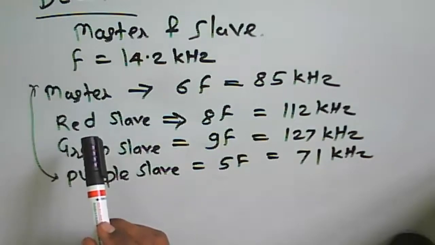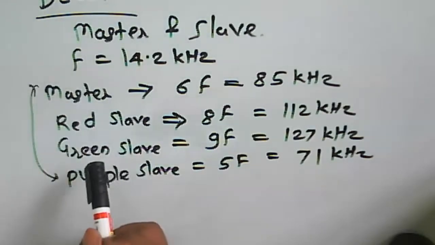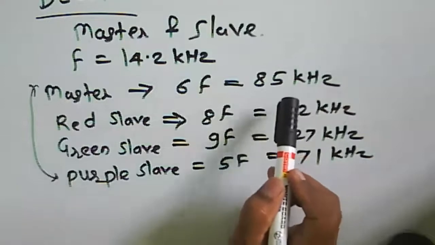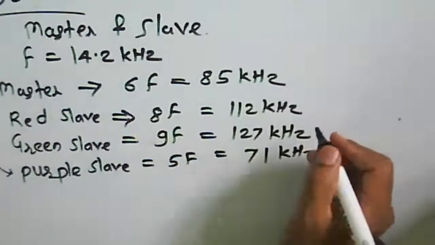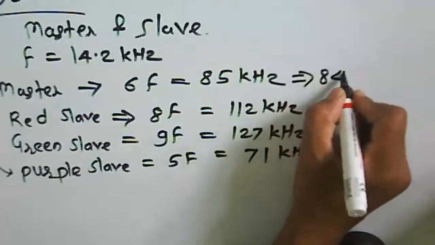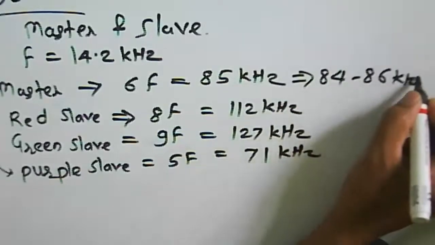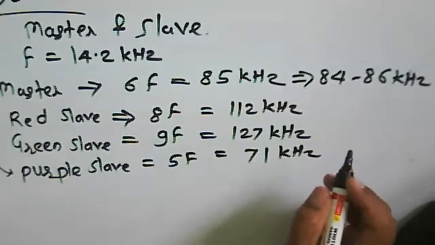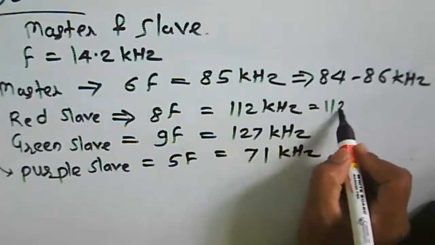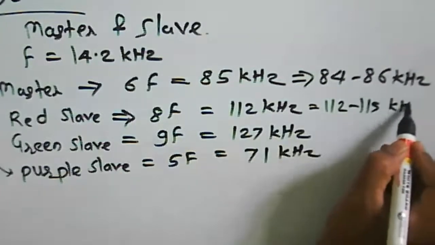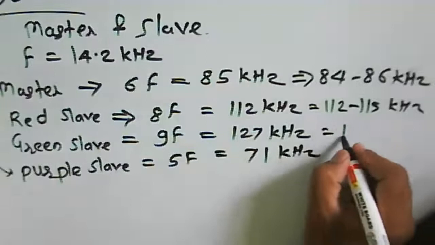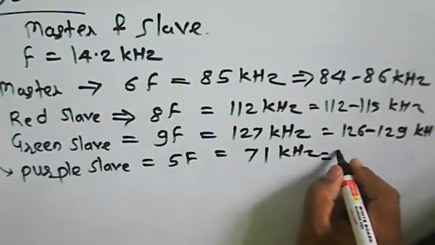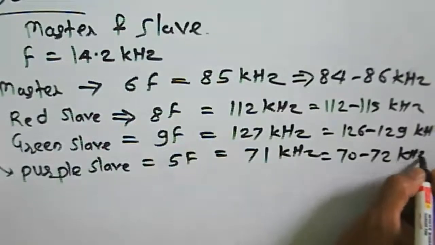The operating frequency ranges: for the master, 84 to 86 kilohertz; for the red slave, 112 to 115 kilohertz; for the green, 126 to 129 kilohertz; and for the purple, 70 to 72 kilohertz.